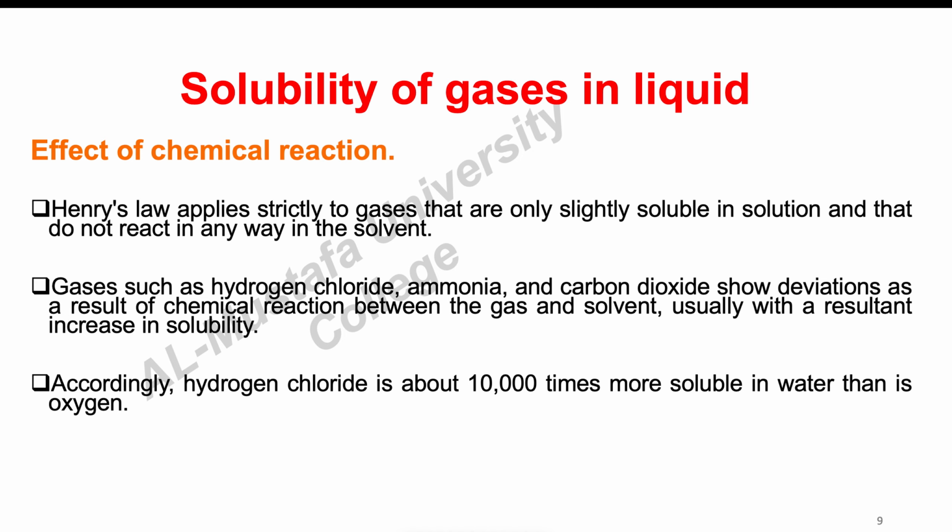Gases such as hydrogen chloride, okay, ammonia, and carbon dioxide show deviations as a result of a chemical reaction between the gas and the solvent, usually with a resultant increase in solubility. Accordingly, hydrogen chloride is about 10 times more soluble in water than in oxygen.